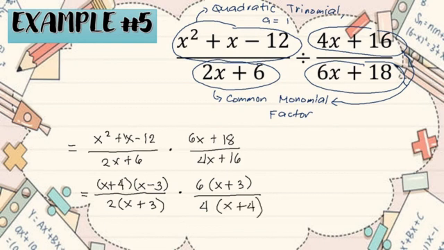Now we should look at what are the things that we could cancel out. So we could cancel here x plus 3 and x plus 3, and here x plus 4 and x plus 4 on the other side. How about the numbers? Let's start first with 6 and 4. Their common term is 2. So 6 divided by 2 is 3. 4 divided by 2 is 2.